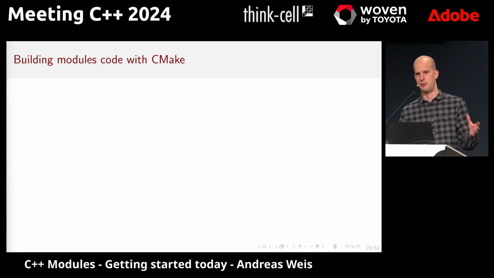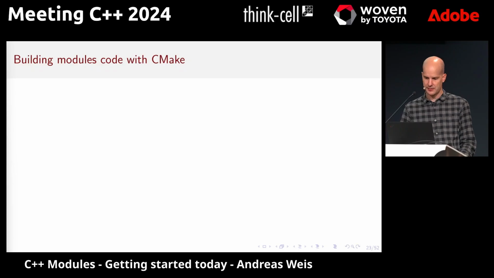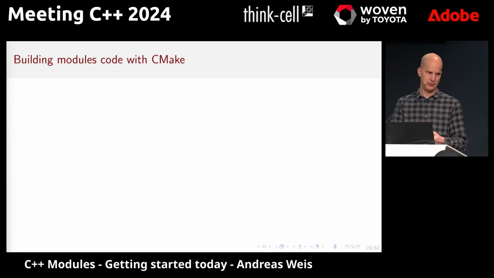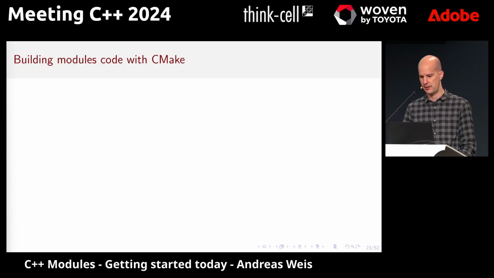A lot of people have been wondering why that is. What are we waiting for? Why is this taking so long? In this section, I want to not only explain how you can use CMake to build modules, but also explain a little bit about why it took so long, what's so different there for the tooling.